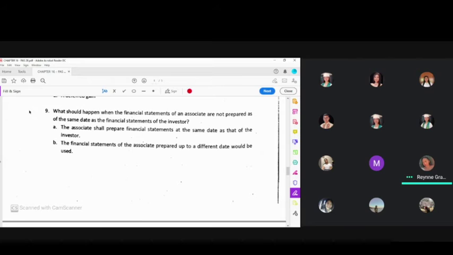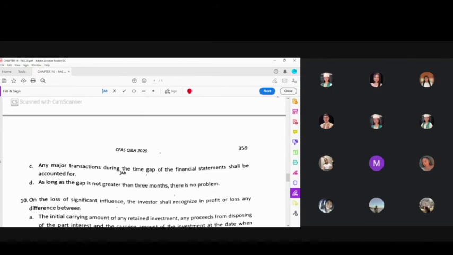Okay, that's correct. And normally, class, it would be the associate that will adjust. Again, we consider the investor as being on top and the associate at the bottom. The investor dominates the associate, class. Okay, next.